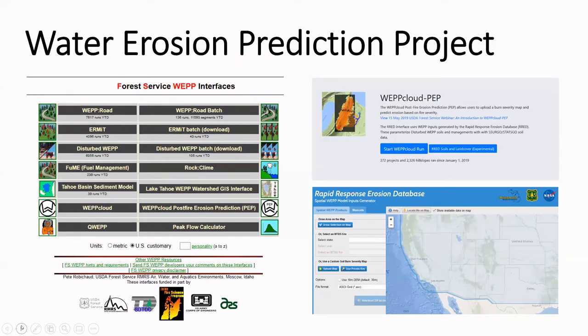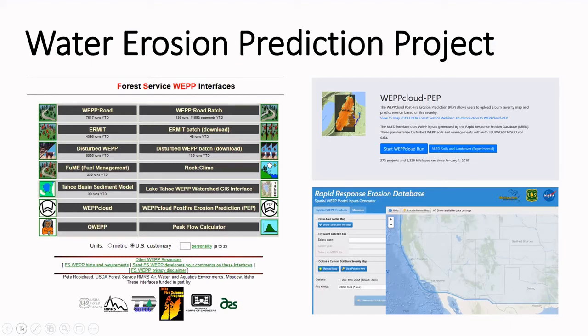So they're trying to do some online interfaces instead. We ended up using the batch spreadsheet that they have. We had to use GIS to determine slope length, percent slope, and vegetation type in the watersheds that we delineated. Then I had to modify a spreadsheet a little bit to make it interact with their online platform to make these predictions.